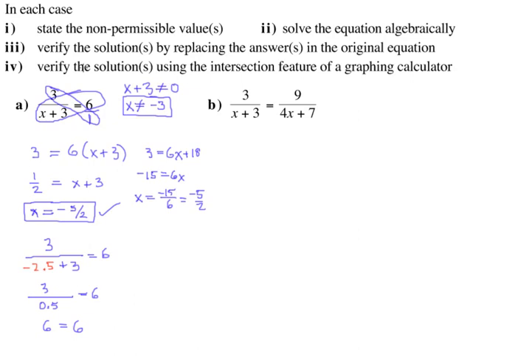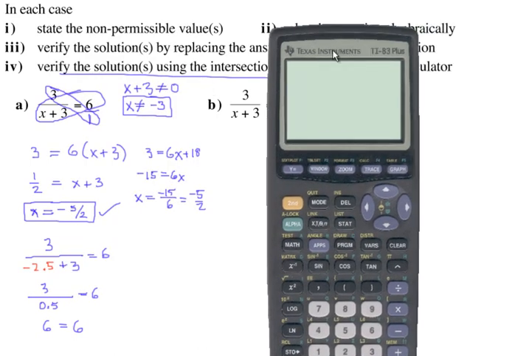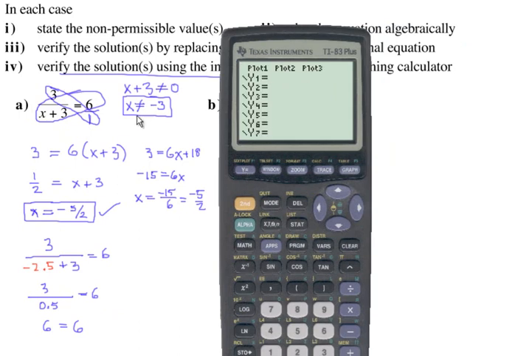And finally, they want us to do this on the calculator to confirm that that works too. Okay, so the left side of our equation is 3 divided by, don't forget to bracket it, x plus 3.